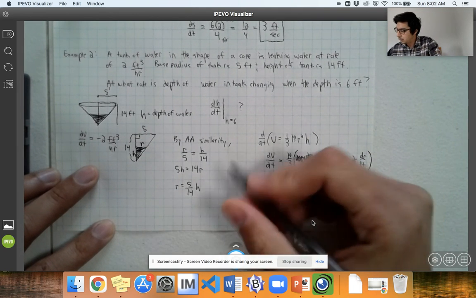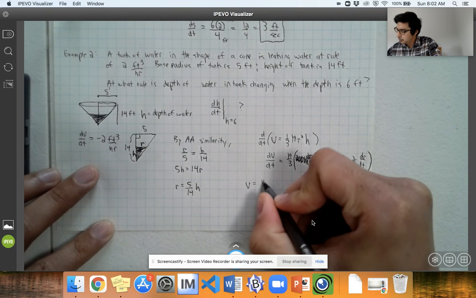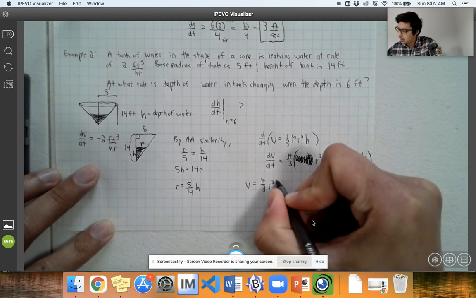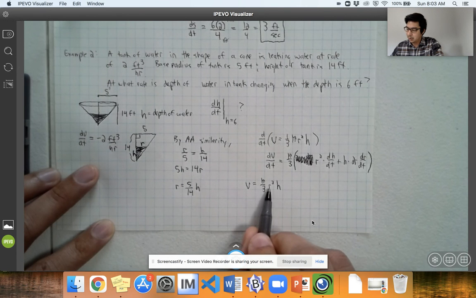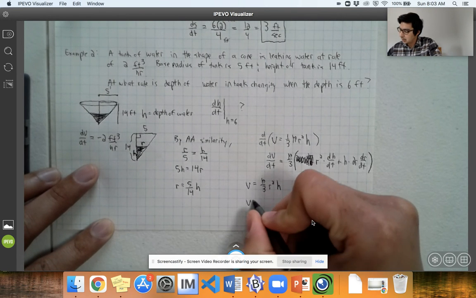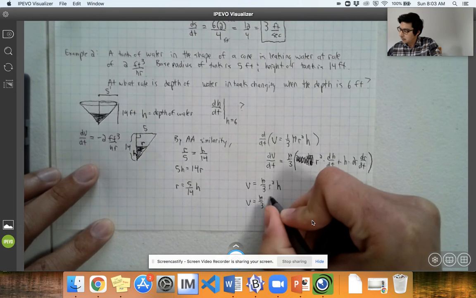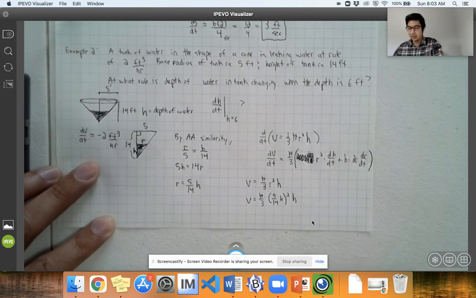So now if we return to our volume equation, pi thirds r squared h. Well, before I even differentiate and have to deal with the product rule, I'm going to substitute r, which is related to the height of the water by similar triangles, as 5/14 h squared, and then times h.